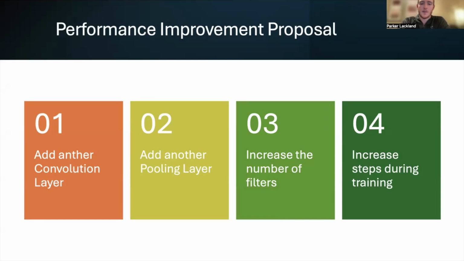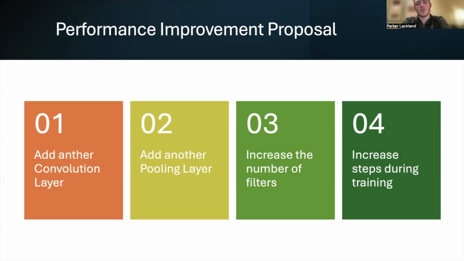You could increase the number of filters. You could increase the number of steps. I'll explain a little bit what that means. Adding another convolutional layer and adding other pooling layers would add to the depth and would add to the complexity of the model, meaning that it would be able to extract some more complex features than a less complex model would be able to, if that makes sense.